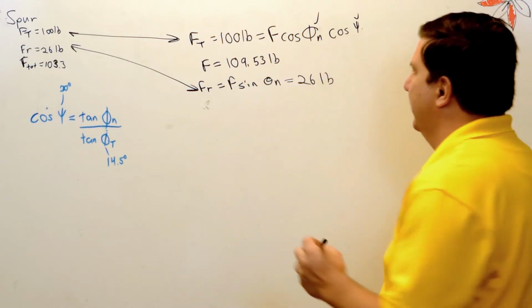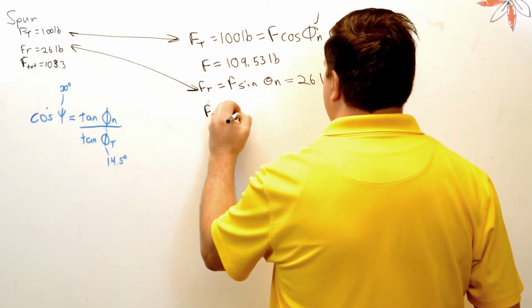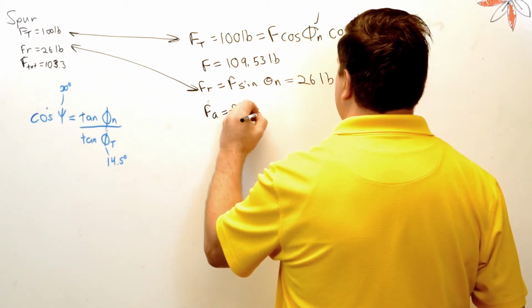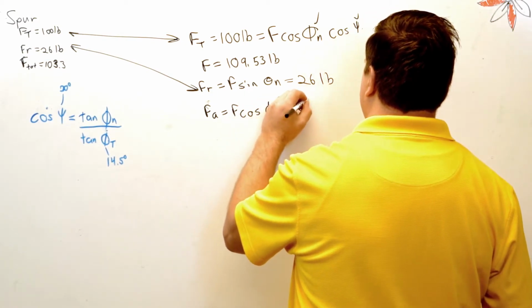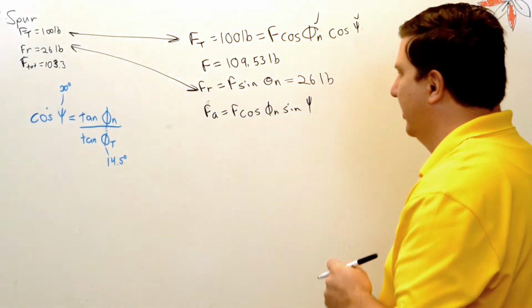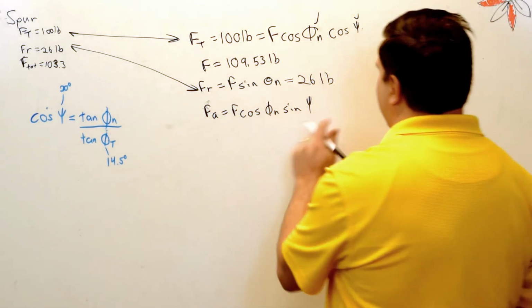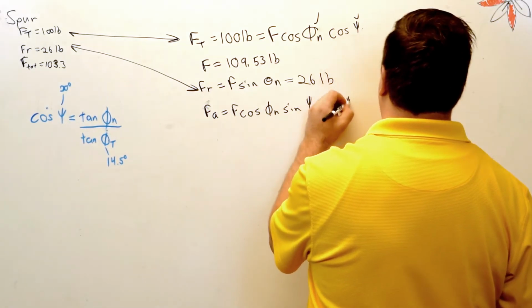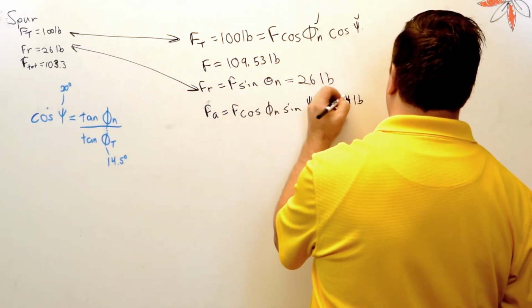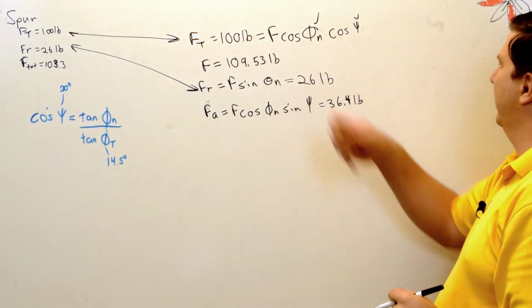So we're going to have an FA, and that is equal to F times the cosine of theta n times the sine of psi. If I do the math there, I'm going to get 36.4 pounds.